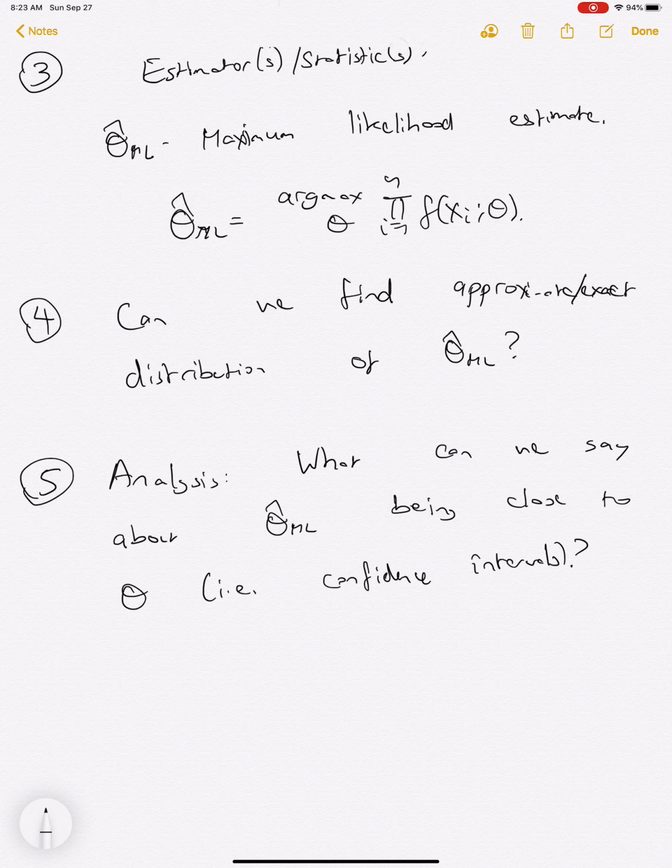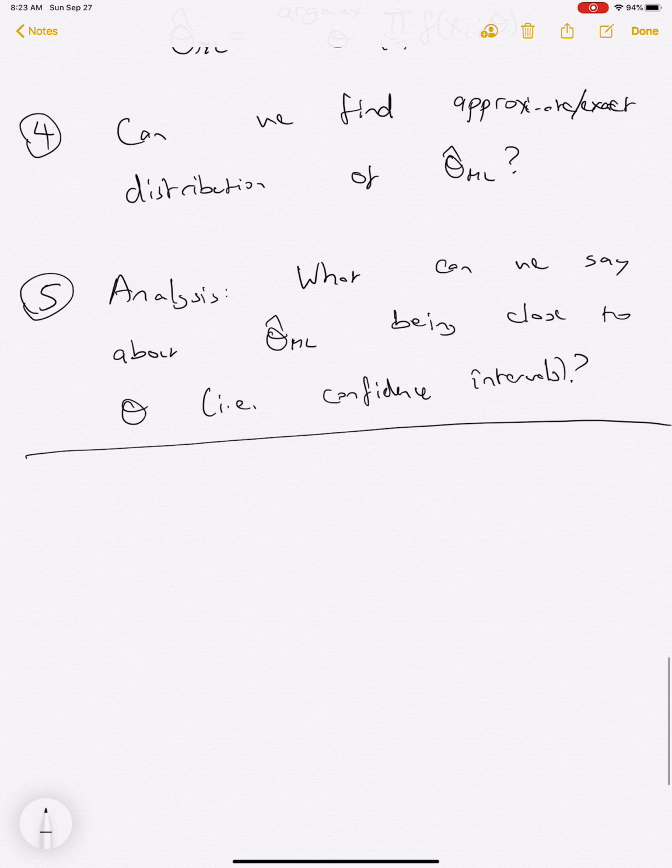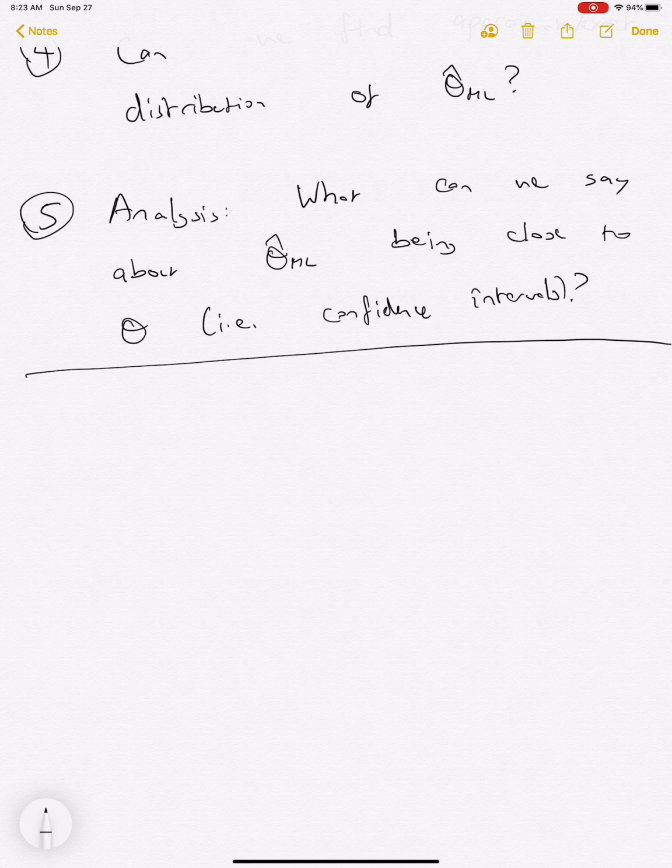Okay, so we're going to ask the question. It's generally impossible to find the exact distribution of theta hat ML.